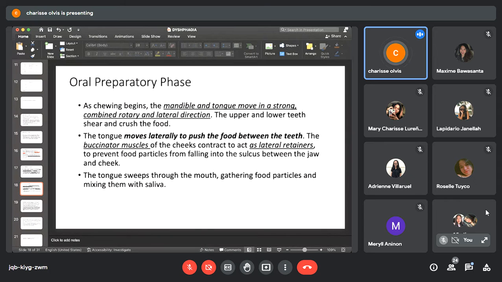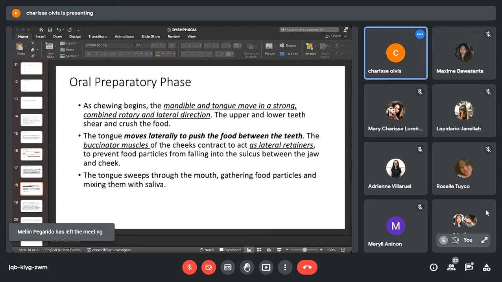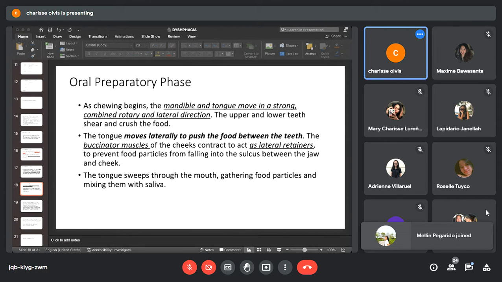If ever food falls there, for example, are you familiar with food pocketing? Food kept in the cheeks? Familiar with food pocketing? So there's food in the cheeks. If the tongue is weak, there could be food particles left.